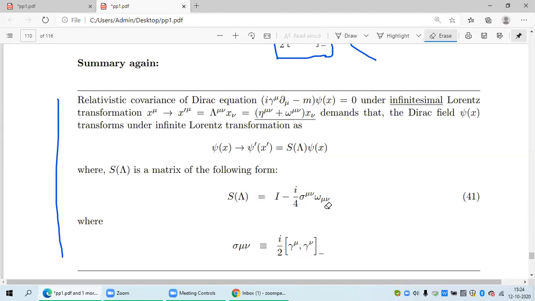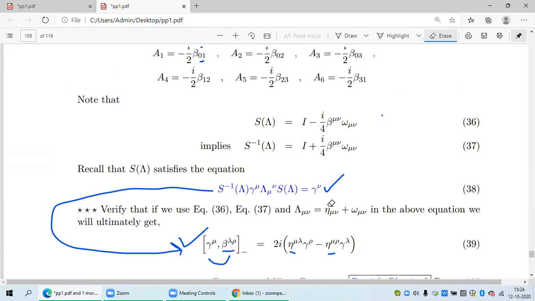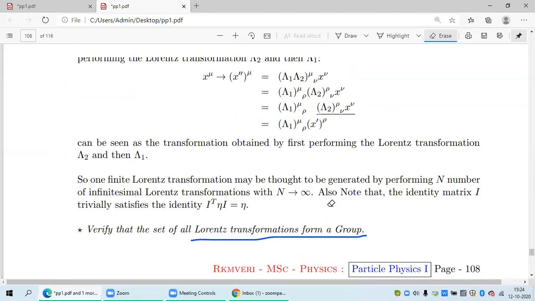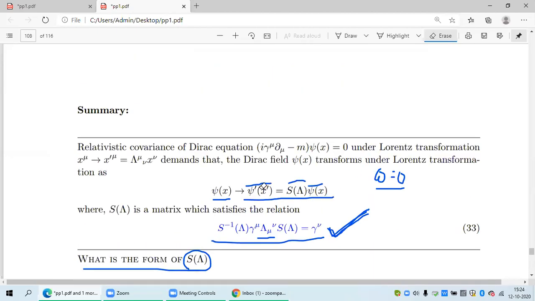And if you want to know what is going on with a finite transformation, then instead of using that, you can directly use this relation, which holds for any general finite transformation, where S should satisfy this relation. Clear?